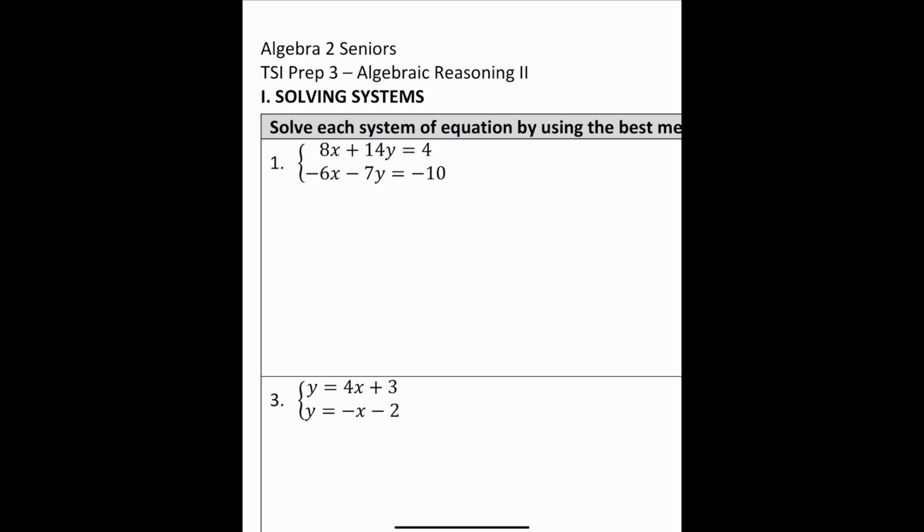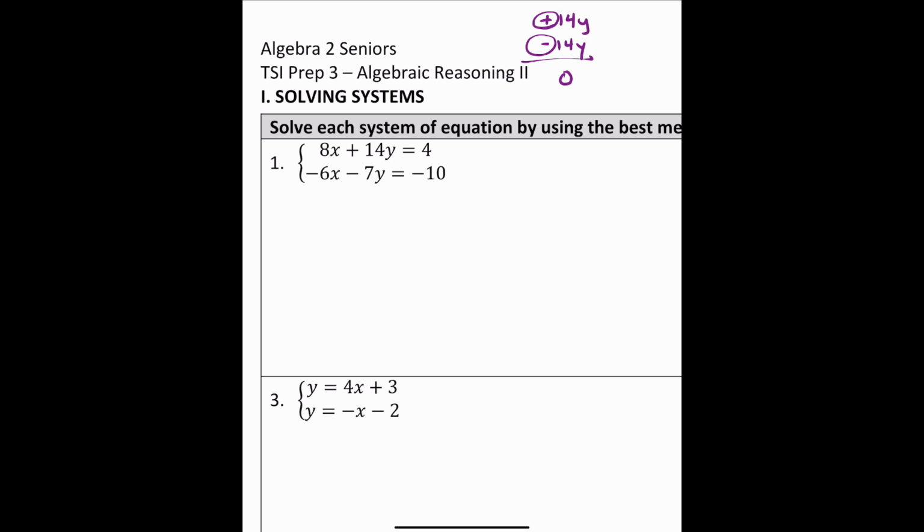So when we're doing elimination, it's very important that we find our opposites, right? So if you have positive 14y and negative 14y, we have a positive and negative, right? They are going to be opposites. And if you add these two numbers together, it's 0. And that's what we want.